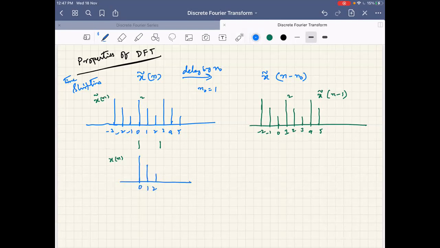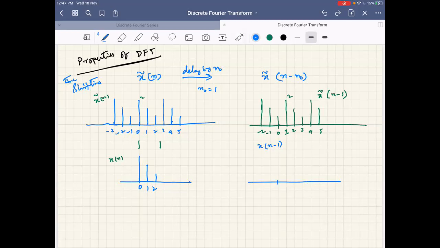Here I just want to see what is x of n minus 1, but I will not write the notation completely now. Let us see what notation we should put. I want to take one period of it again, because our relation in DFT is guided by the periodic sequence. The sampling happens in the frequency domain, and hence it implicitly imposes a periodic nature in the time domain as well.